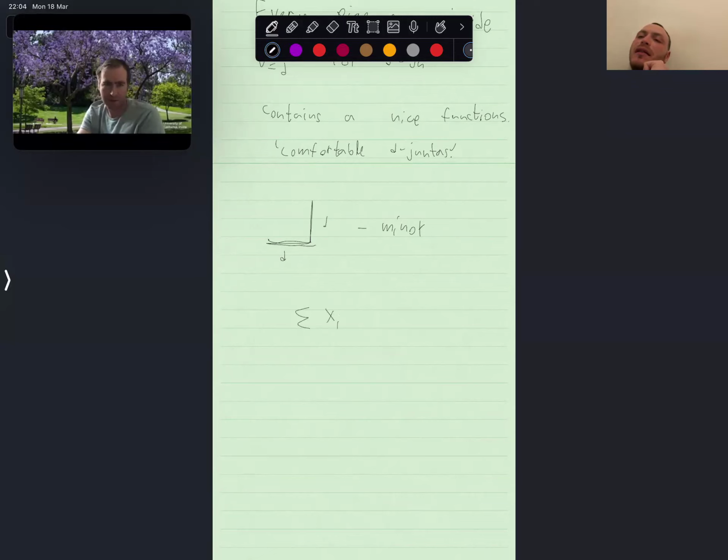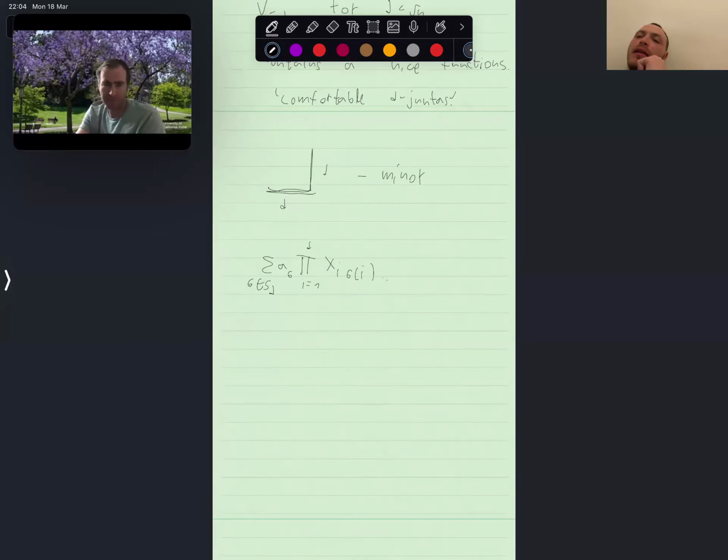It's multilinear. It's a function of the form sum over sigma in S_D of A sigma times the product over i from 1 up to D of x_{i, sigma(i)}. So it's a function that depends only on the D times D minor, and it's also multilinear. They're very nice functions.